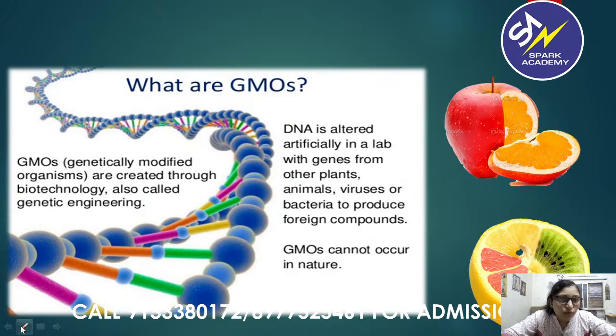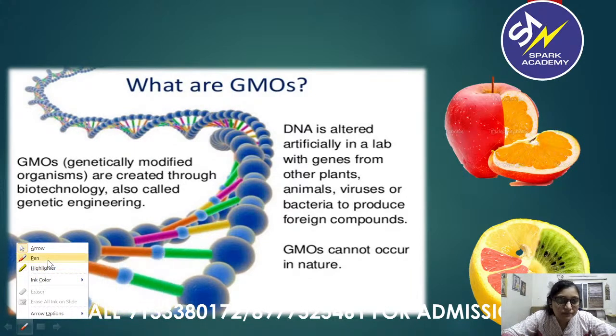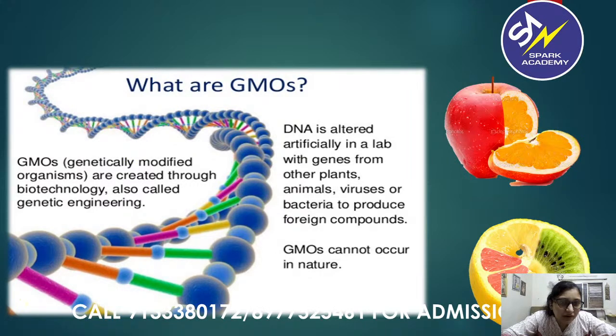Then what are GMOs? Genetically modified organisms are created through biotechnology, also called genetic engineering. DNA is altered artificially in the lab with genes from other plants, animals, viruses, and bacteria to produce a foreign compound. GMOs cannot occur in nature.